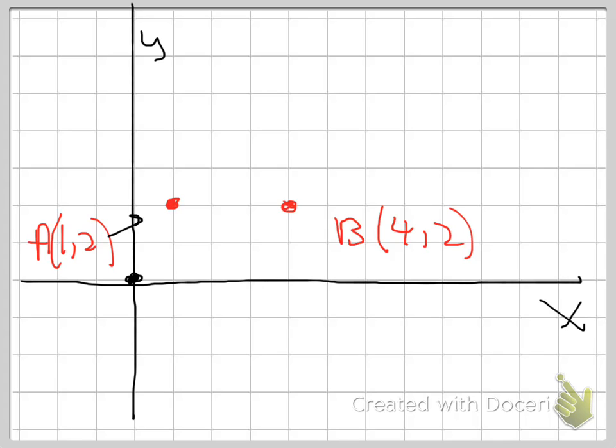All right, now we'll put a third point C that's going to be right above B. 1, 2, 3, 4 units above it. Okay, here's my point C. It's also 4 units to the right, but it's 6 units up now.